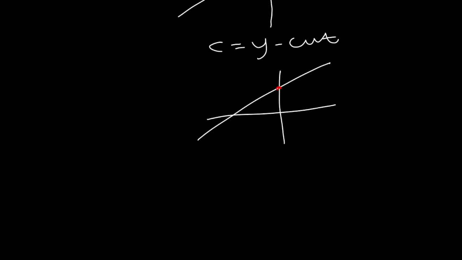Okay, let me just transform that equation into something more clear, so that you can see what I'm talking about. y = 2x + 4.